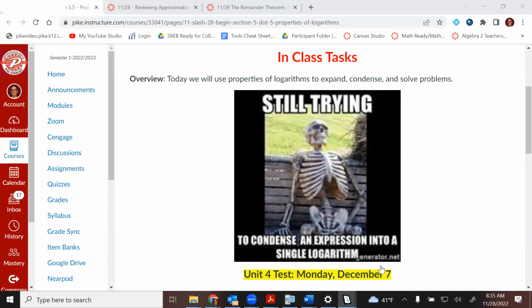Where you would want to be careful is if you see the product property at work in your denominator. Because if it came from the denominator, what's it got in front of it? A minus, as subtraction. So if you see the product property at work in the denominator, you have to do one of two things. You either have to put parentheses around what came out of your denominator, and then you would see a plus in there, or you need to distribute that subtraction.